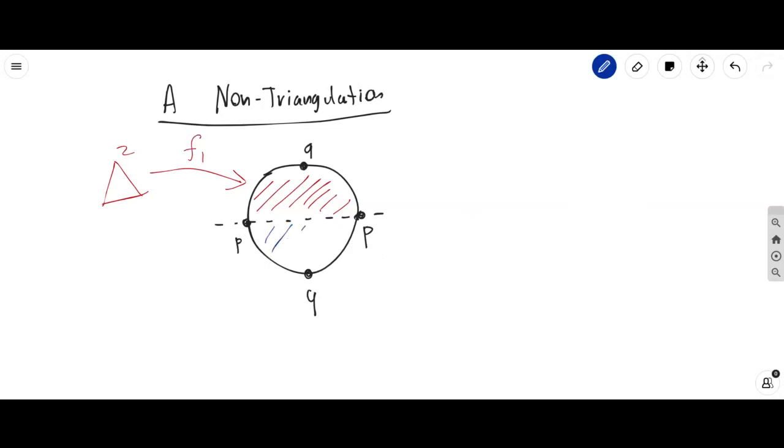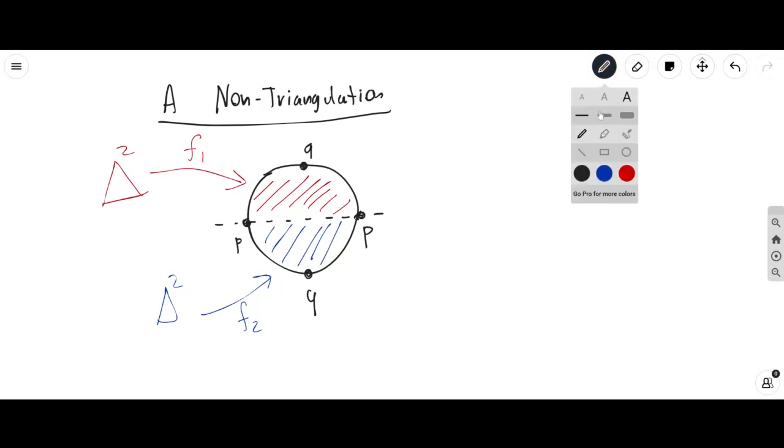And then you can do the same thing with the lower triangle. You're mapping delta 2 into F2 because, after all, this is just a triangle. So take the sides of the triangle and curve them a little bit, and you get this mapping.